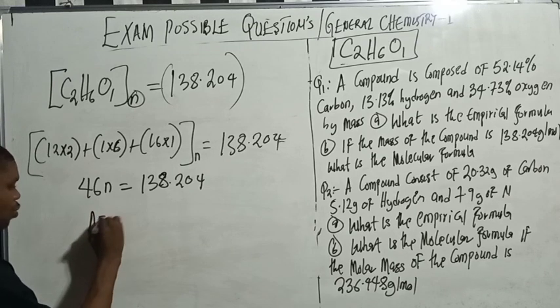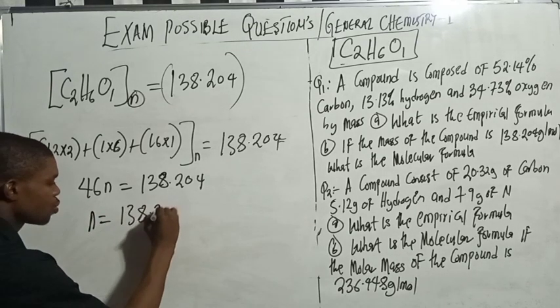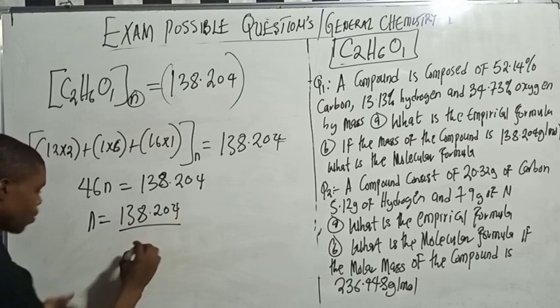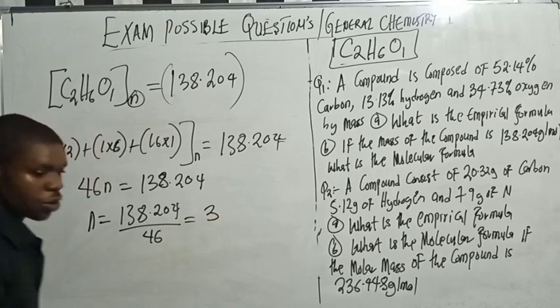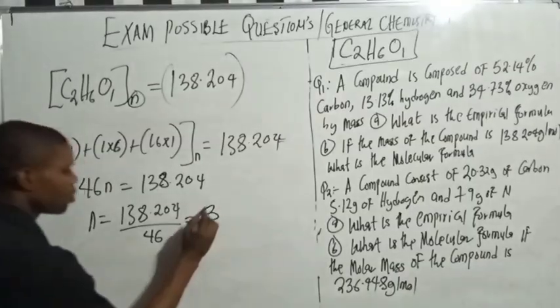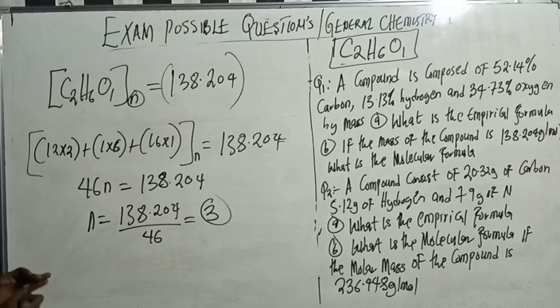My n is going to be 138.204 over 46, which is 3. So my n is 3.